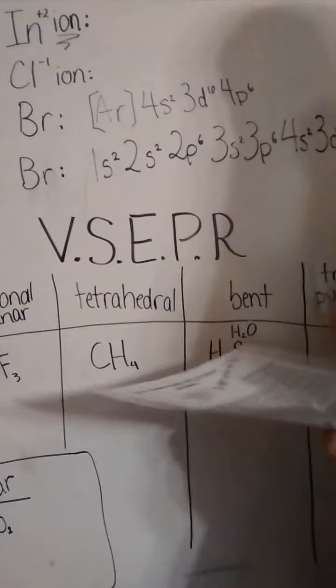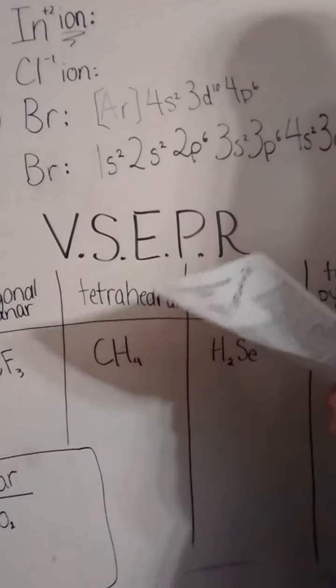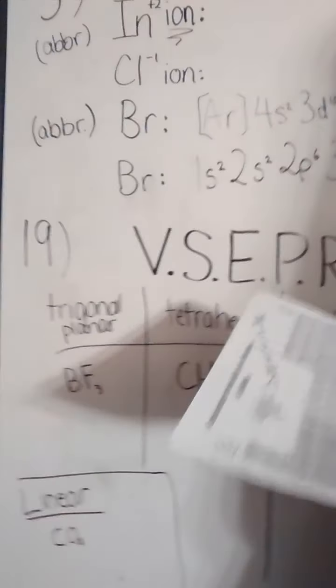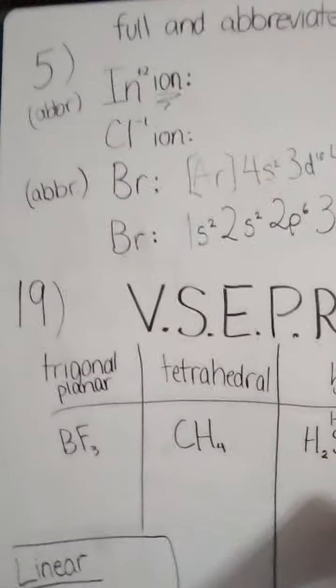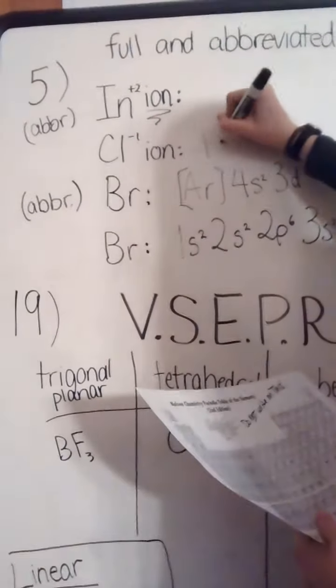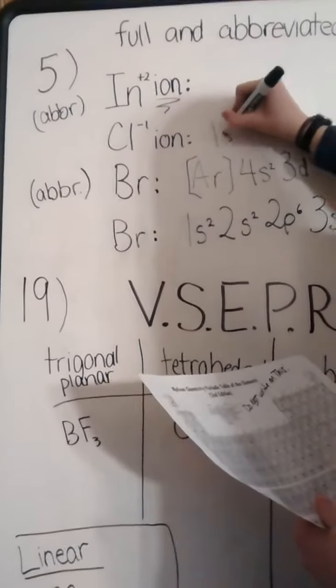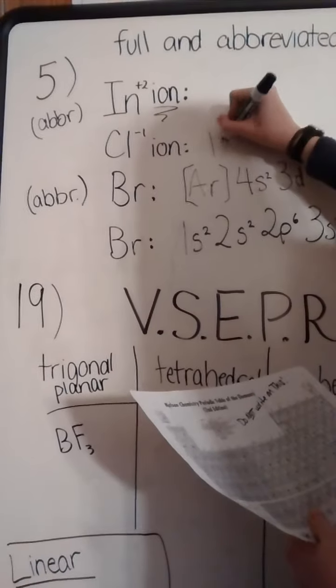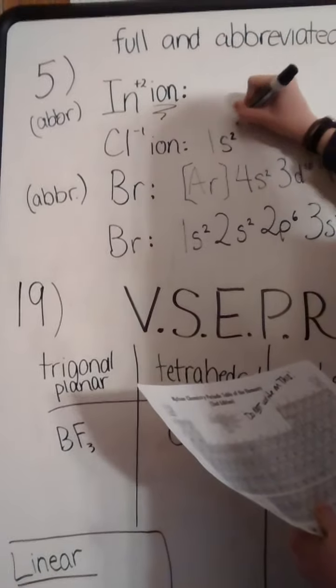And then I'm going to show you the chlorine ion, which is -1. It's very similar, it's just you have to count the electrons a little differently. So I'm going to start again with 1. Oh, that's not coming up. Oh, switch markers. Oh, there we go.